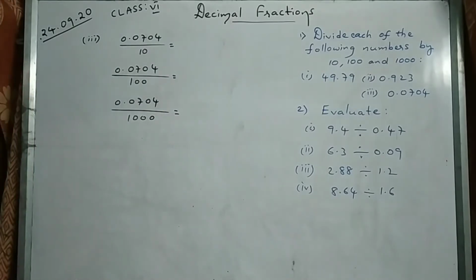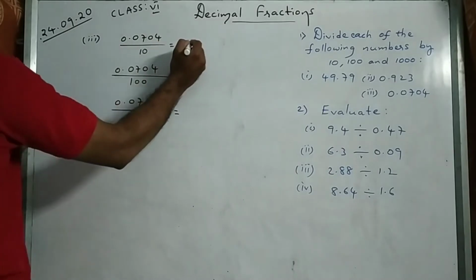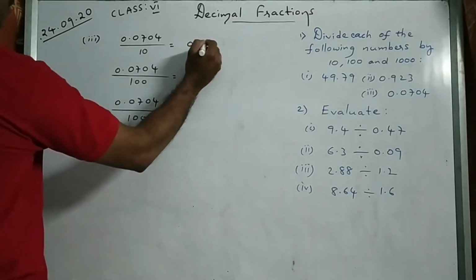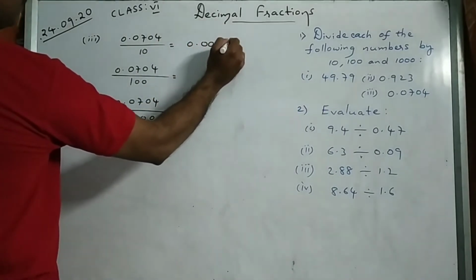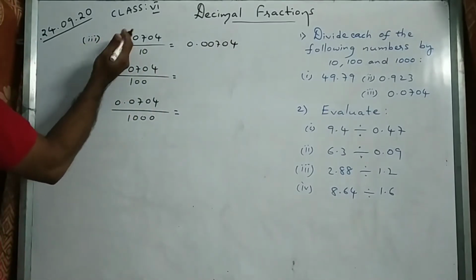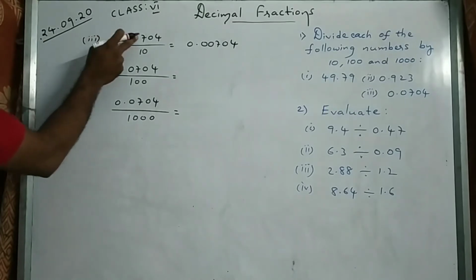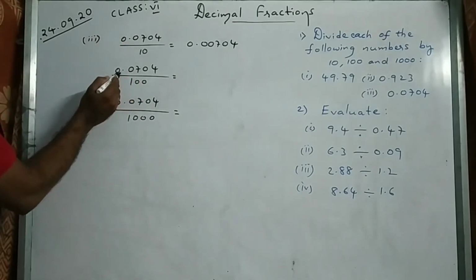Okay? Listen to this. So one digit it has to move. That means 0.00704. Already 1 zero is there, so it is moving one digit to the left side. So it will come here. So 0.00. Now it is moving 2 digits.